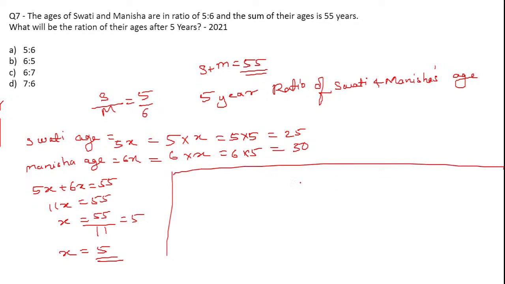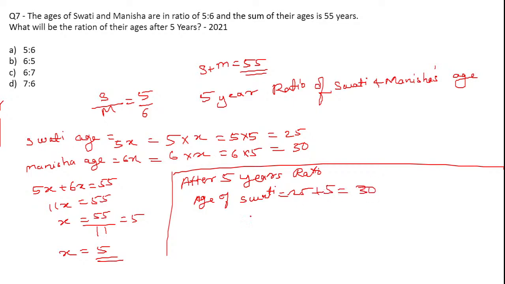So after 5 years, the age of Swati will be 25 plus 5, that is 30. Age of Manisha will be 30 plus 5 after 5 years, that will be 35.